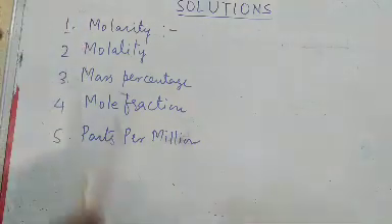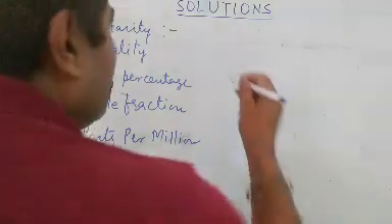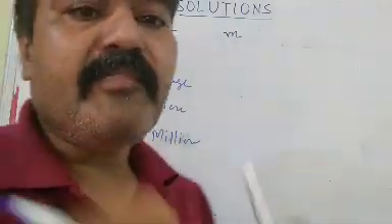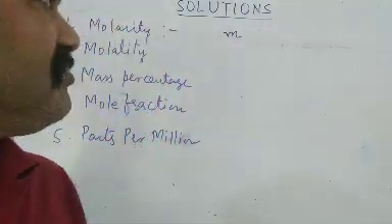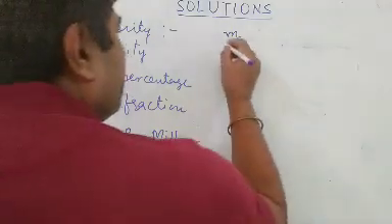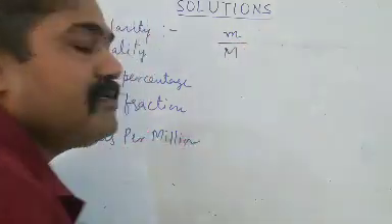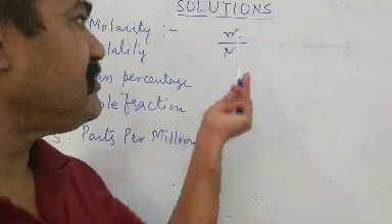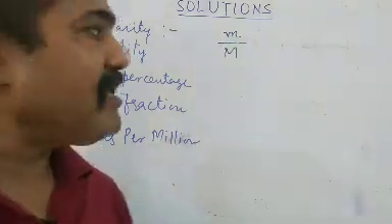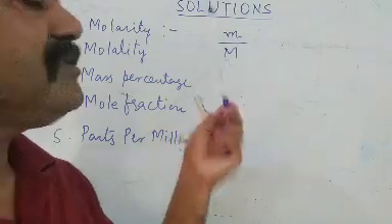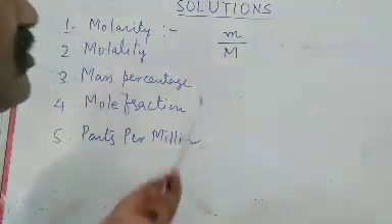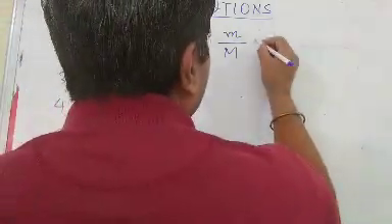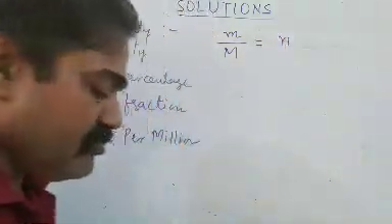Then how can we find it? Suppose m is the mass of the particular solute which is given, and let M be its molar mass. This ratio m upon M gives us the number of moles of the solute.